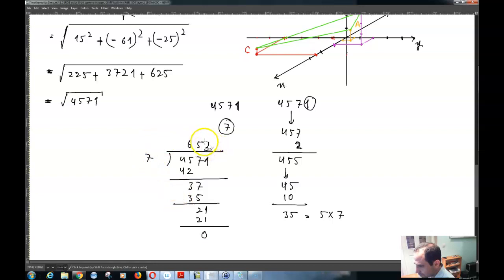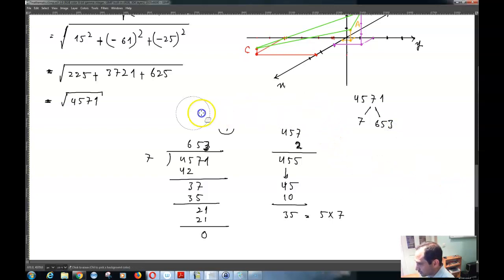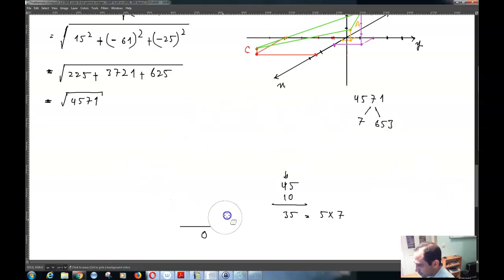So you see that the number is actually divisible by 7. So you can write 4571 is equal to 7 times this number over here, 653.